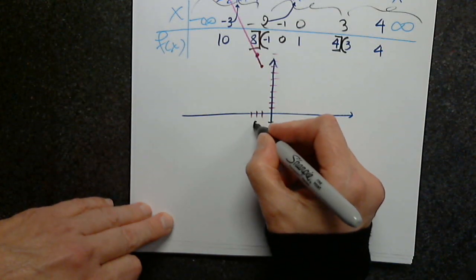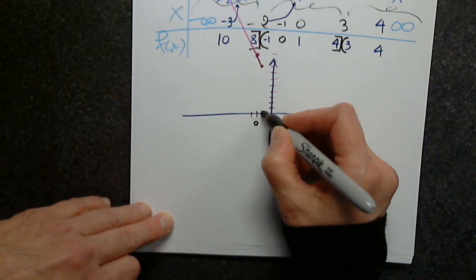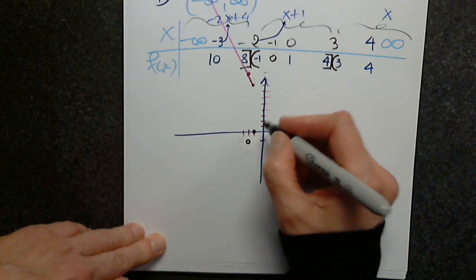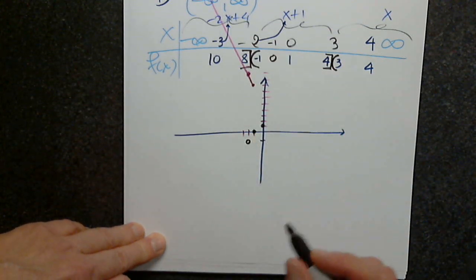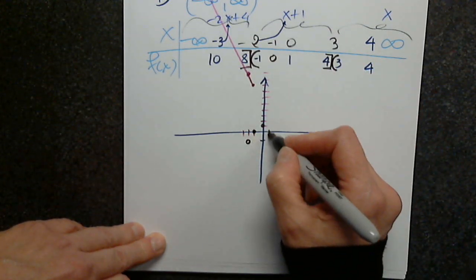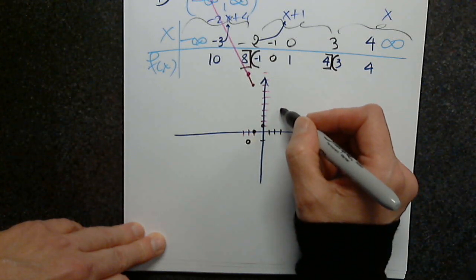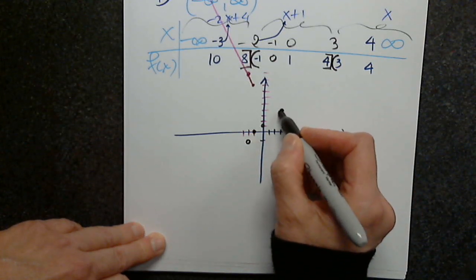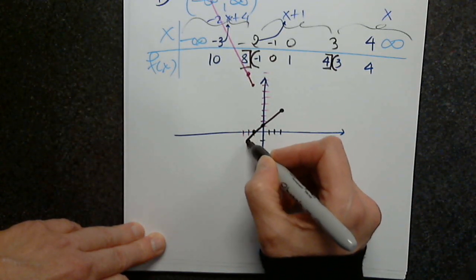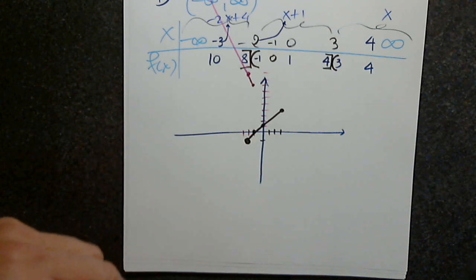So -2, -1, and then -1, 0, and then 0, 1, and then 3, 4, right? 2, 4. And what type of point is this? Very good, awesome. Kind of missed it a little bit, but you know.